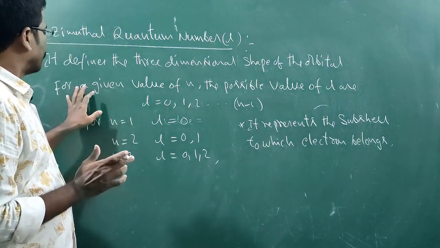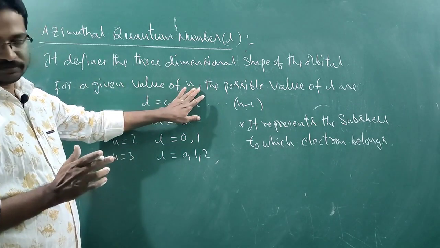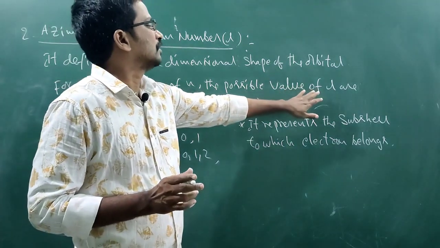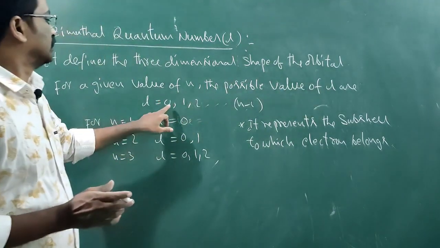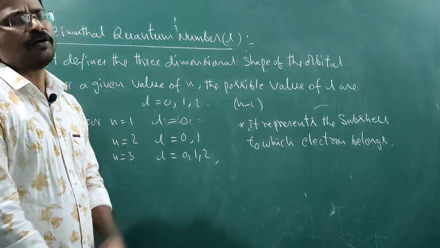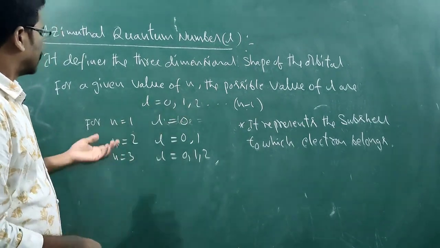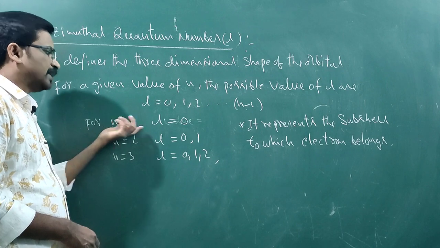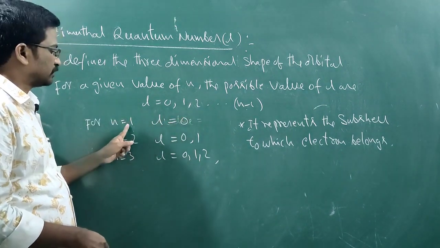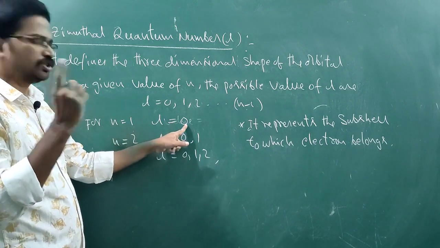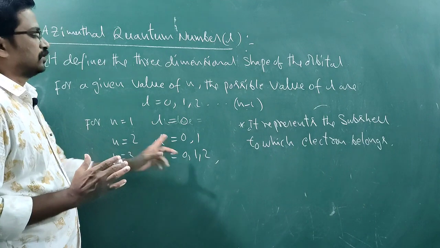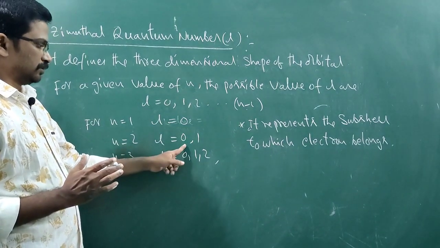For a given value of n, the possible values of L are 0, 1, 2 up to n minus 1. How do you understand this? Easy. For n is equal to 1, the L value is 0, just 1 value. For n is equal to 2, there are 2 values, 0 and 1.